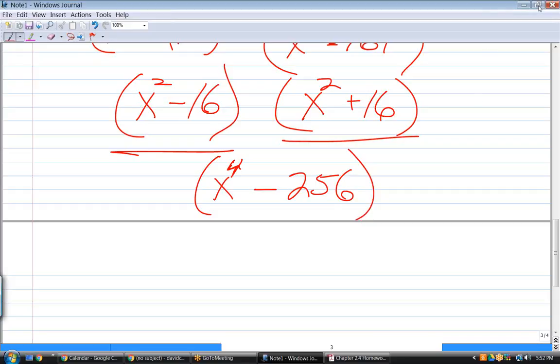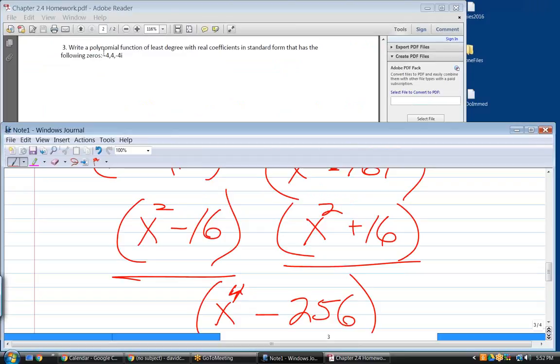Assuming that they just neglected to give us the second or the fourth zero. There's no real clue. They don't tell us it's a fourth degree polynomial or a third degree polynomial. If it's a typo, then there's only 3 zeros, and they are -4, 4i, and -4i.